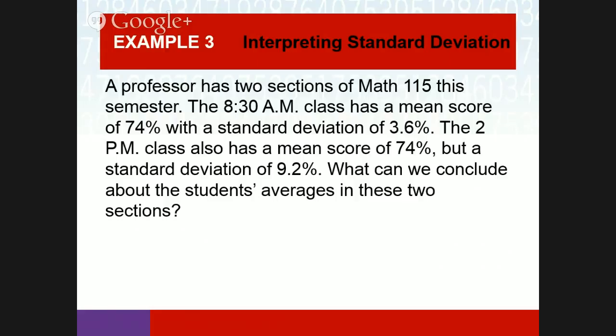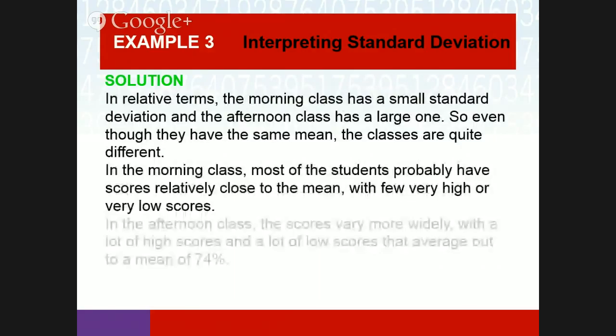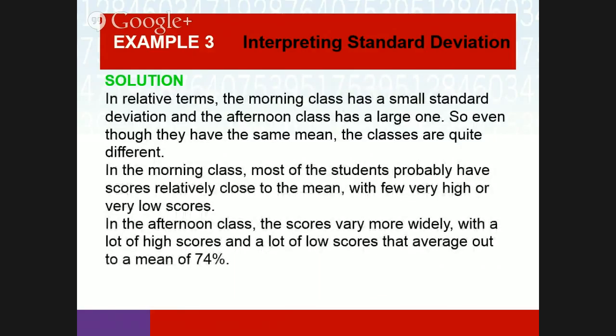This is what we're getting to, because there's probably the middle school approach: find the numbers, don't think about what they mean, just find them. Yeah, kind of. So if we're looking at the students' averages, in relative terms, the morning class has a smaller standard deviation than the afternoon class. They're closer to that middle score than in the afternoon class.